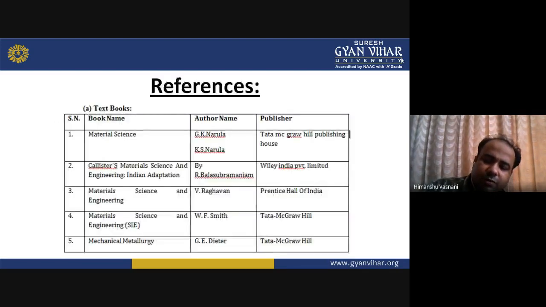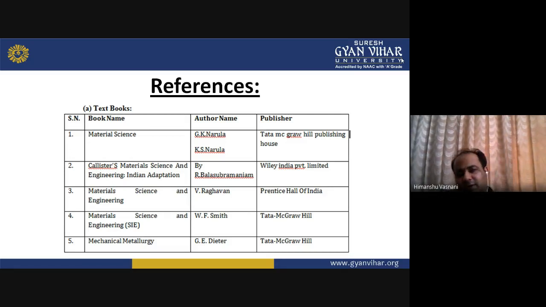So in today's lecture, I have tried to cover all those important discussions required for ductile and brittle fracture. I have also given you some visual images which will be helpful in understanding the topic deeper.